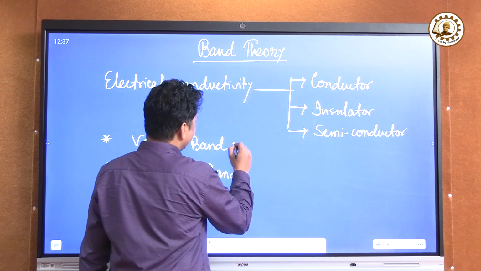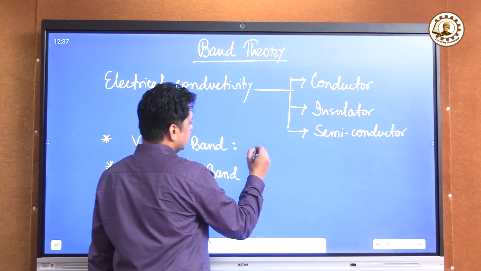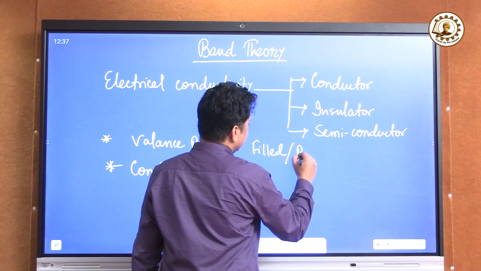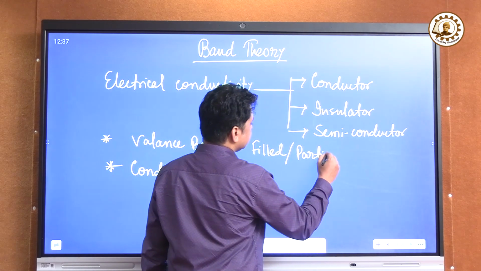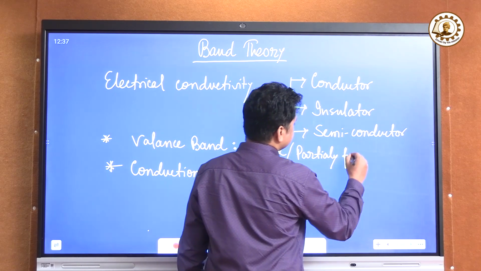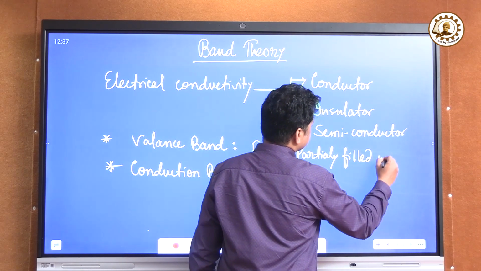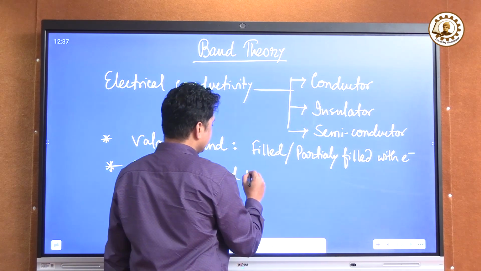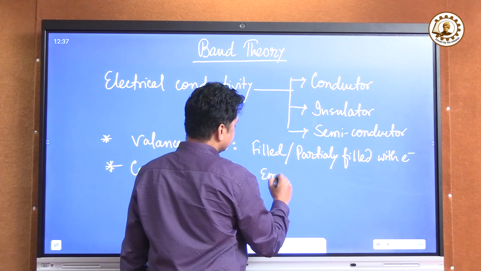Usually the valence band is filled with or partially filled with electrons, and the conduction band usually is empty.